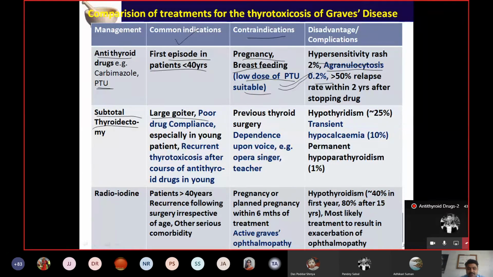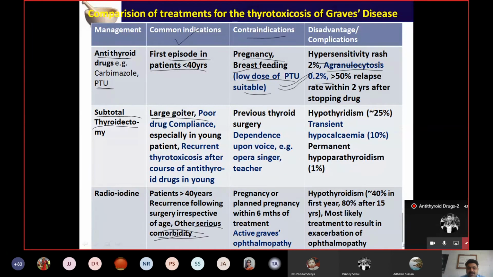Radioactive iodine is preferred if the patient's age is more than 40 years, and if there is recurrence of thyrotoxicosis or hyperthyroidism after surgery. And if you cannot do surgery because of serious comorbid conditions, then radioactive iodine is used.